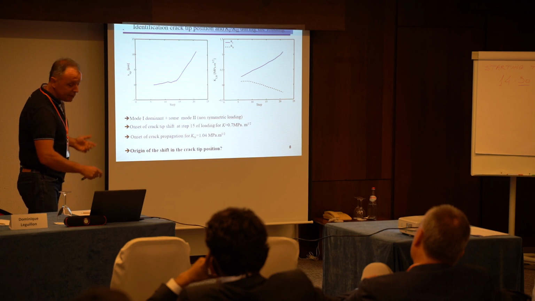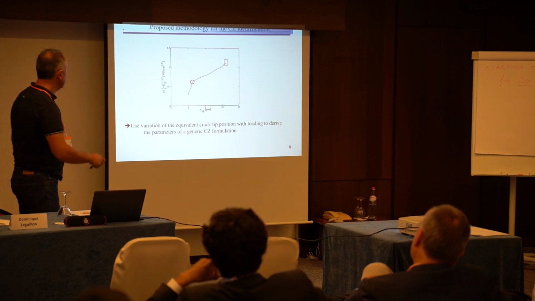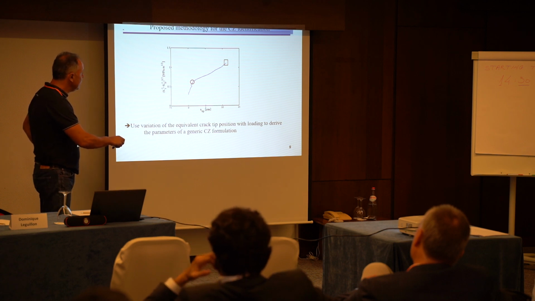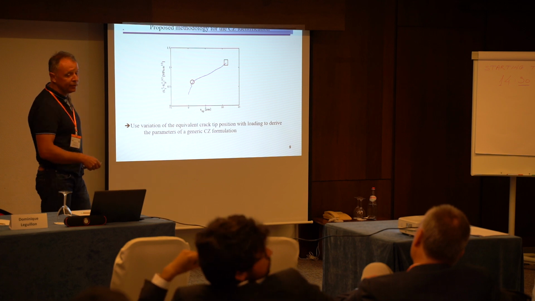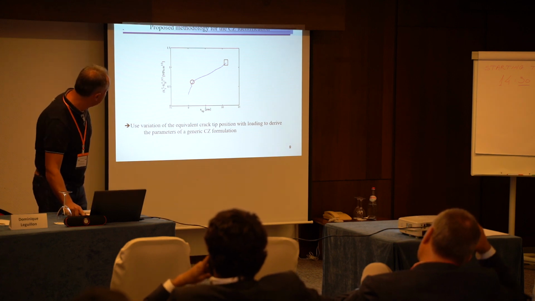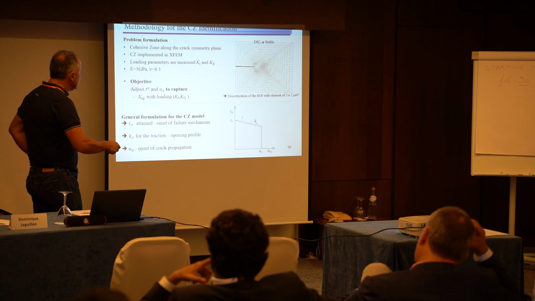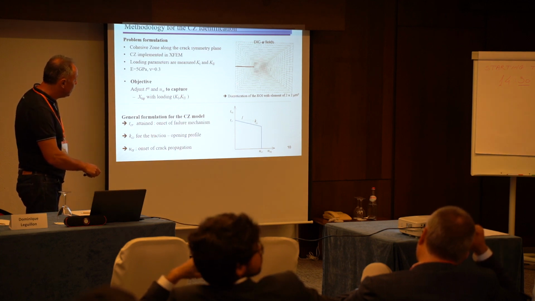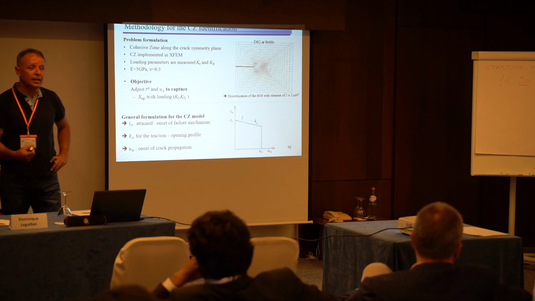Having this information, you can recast this in this way. Basically you have a loading, nothing happens, you have the natural crack. Then here you could show that this is the development of the process zone, and then the crack runs. But that is already old stuff, 10 or 20 years ago. We did show that, having the previous material, we were able to identify the cohesive zone profile that is in here.